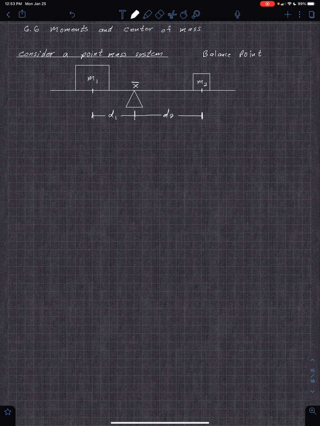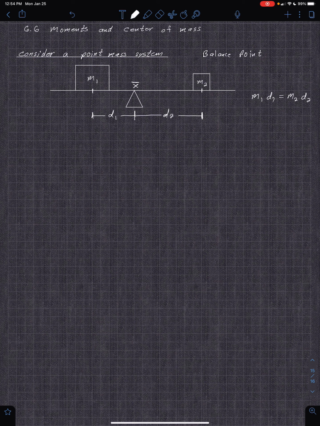So there is a point that would balance that. And then we have that mass 1 times this distance d1 must equal the mass 2 times the d2. So that implies a balanced system, that the distance times the mass is equal to the distance times the mass.